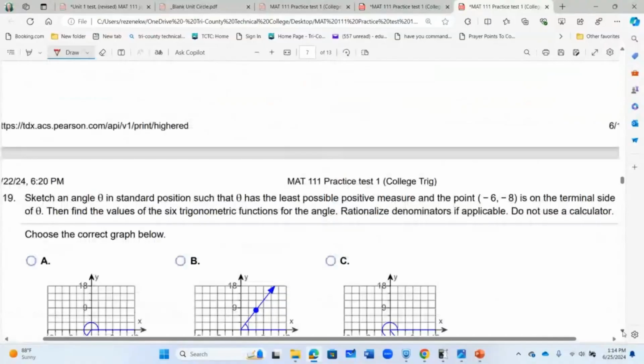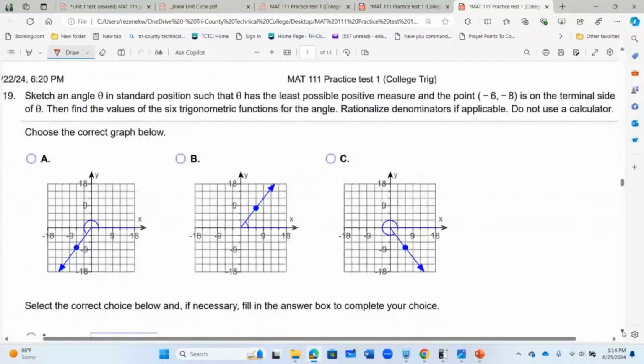Okay, let's read this question very well. Sketch an angle theta in standard position, be careful, such that theta has the least possible positive measure, and the point is (-6, -8).